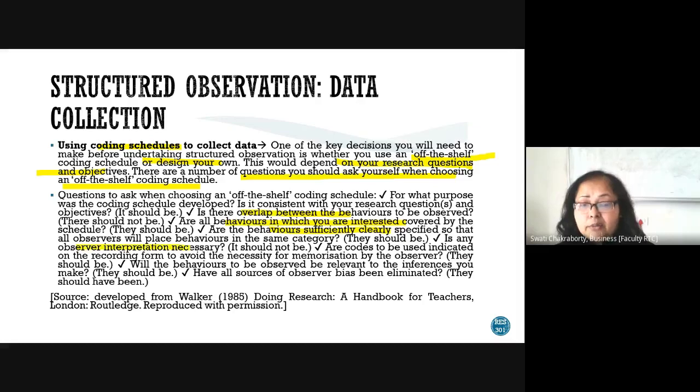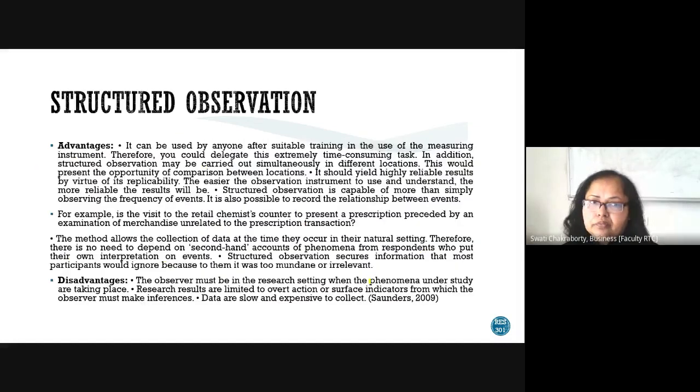Is observer interpretation necessary? Are the codes indicated on the recording form to avoid the necessity of memorization by the observer? These are some of the common questions usually put when you go for this method. Will the behaviors to be observed be relevant to the inferences that you make? Have all the sources of behavior bias been eliminated?